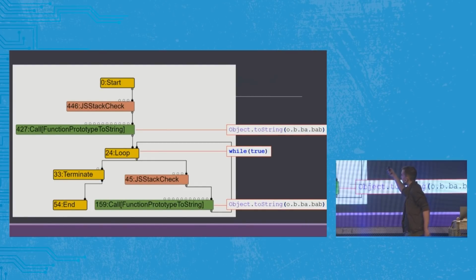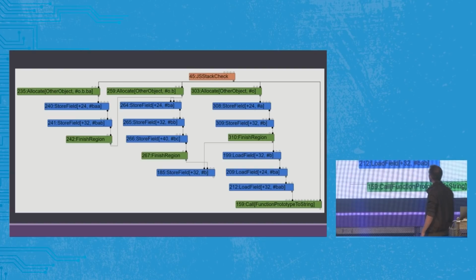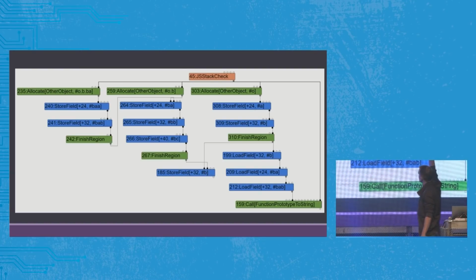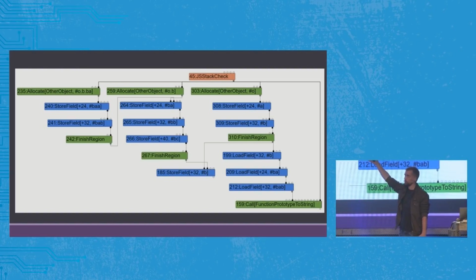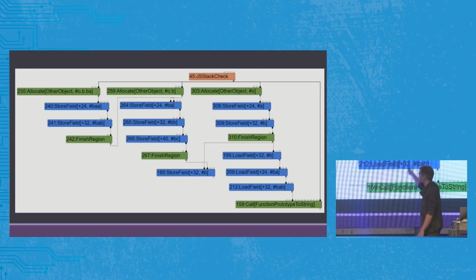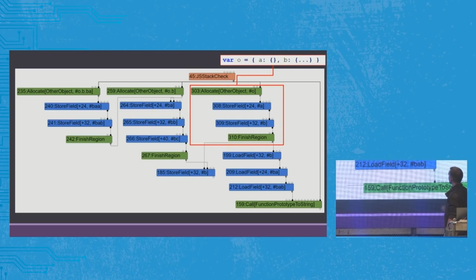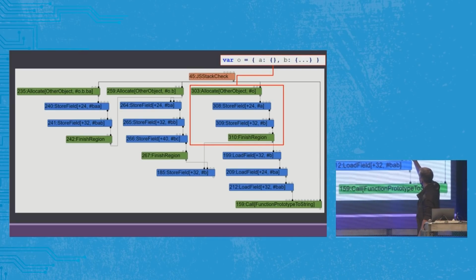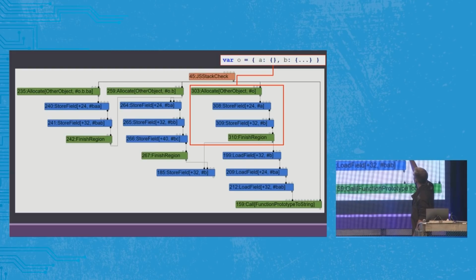So if we try to unwrap this with Turbolizer, we're going to get this. This is going to show us the entire generation, allocation, initialization of the object, and then how the object field is loaded and fed into toString. So if we look into it in more detail, this is going to be the side that just allocates the local object O, as well as some of its fields.